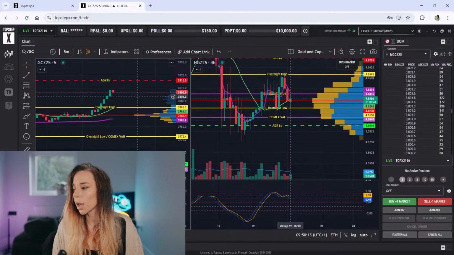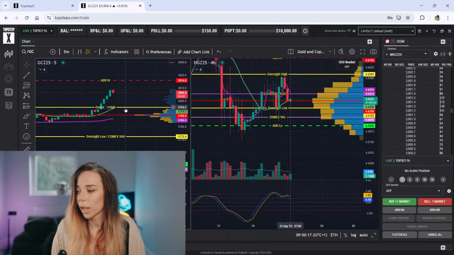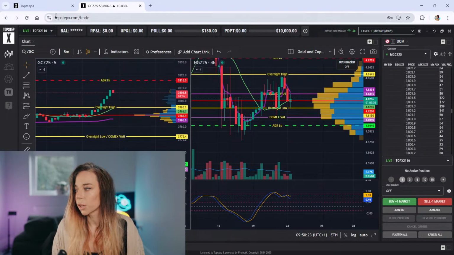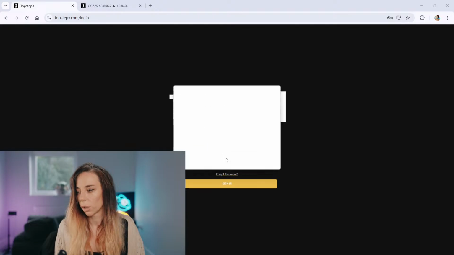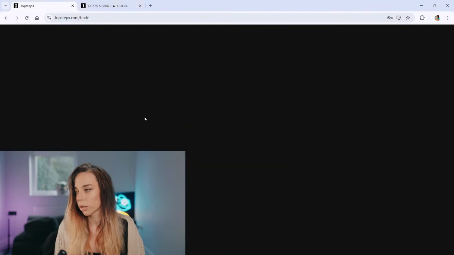So if we end up testing the overnight high and 37.95 holds, wouldn't mind executing an order, but I don't really have a bot that does that yet.